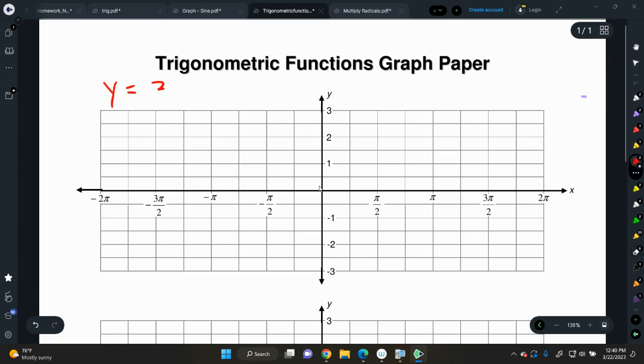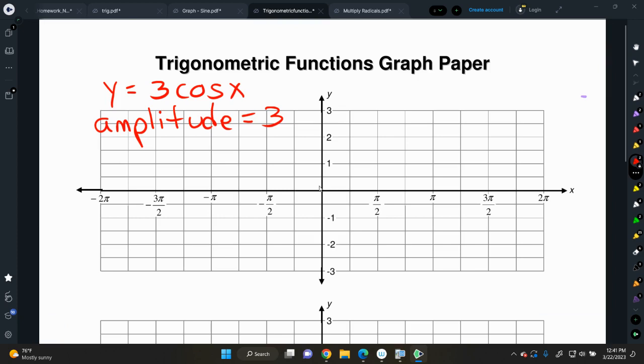Y equals 3 cosine x. What's the amplitude? 3. Okay. What's the period? 2 pi. Yeah, the period's 2 pi.